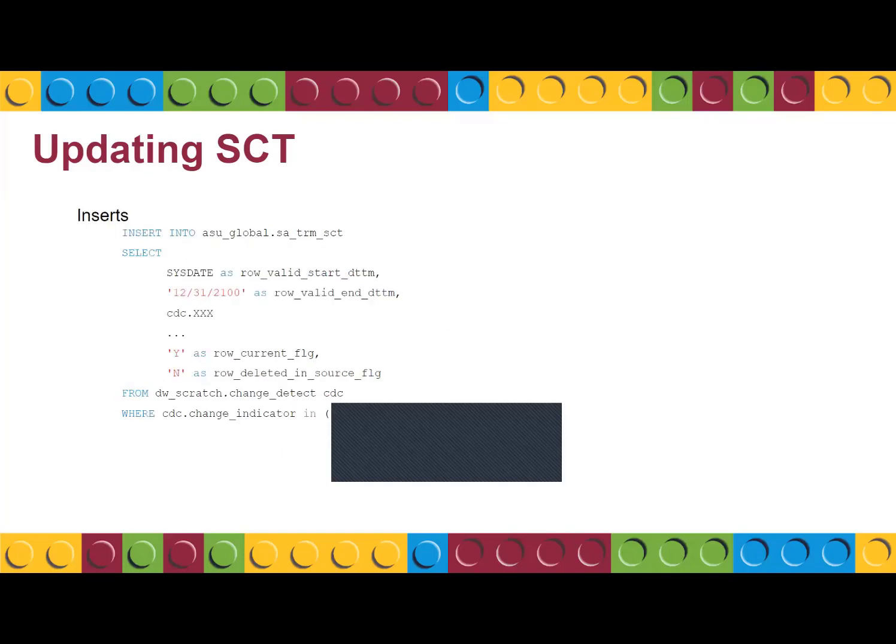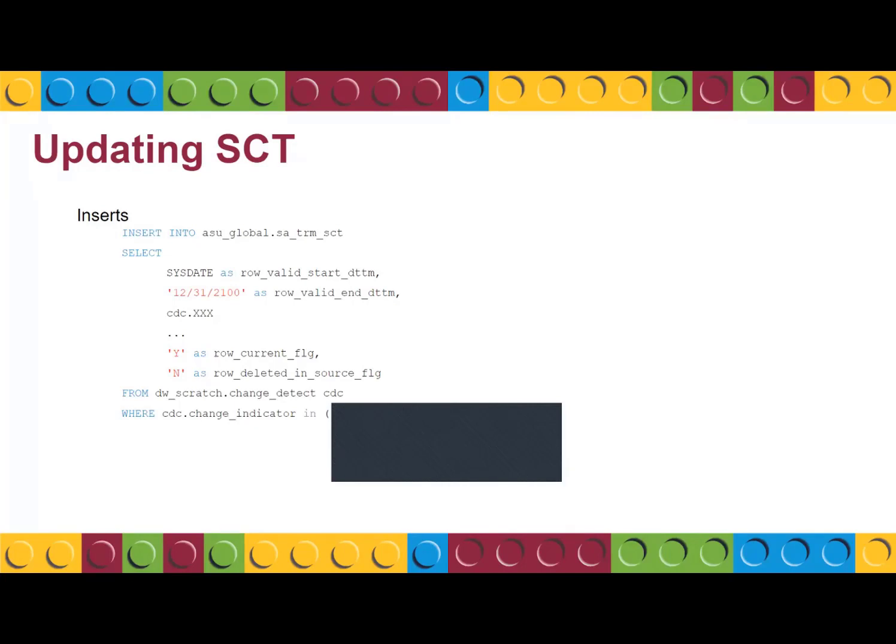And then the last part is you've taken care of your deletes, you've taken care of your changes. Now it's just a matter of inserting new rows and the changed rows with the latest and greatest data. So that's just an insert statement into your table where you're setting your row valid start date to the sys date. Row valid end date is again the end of time.